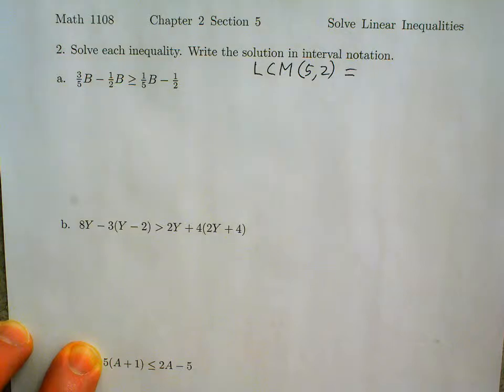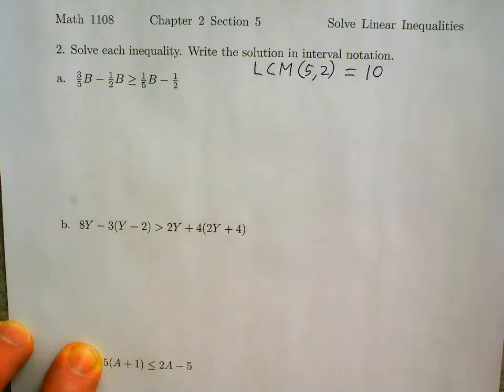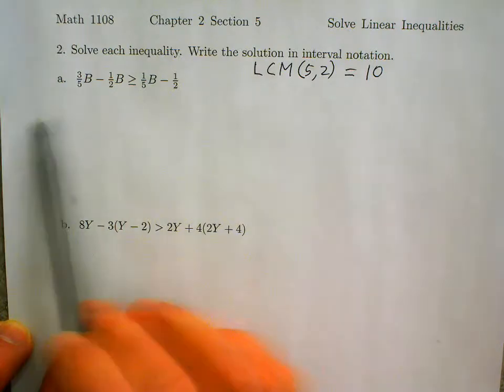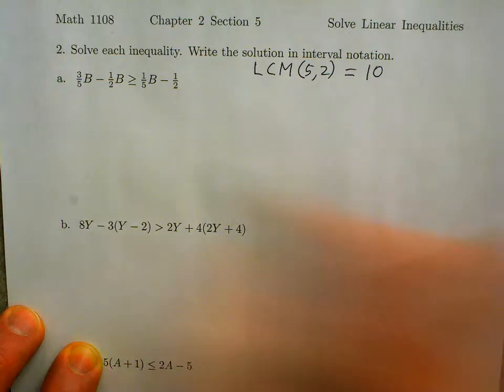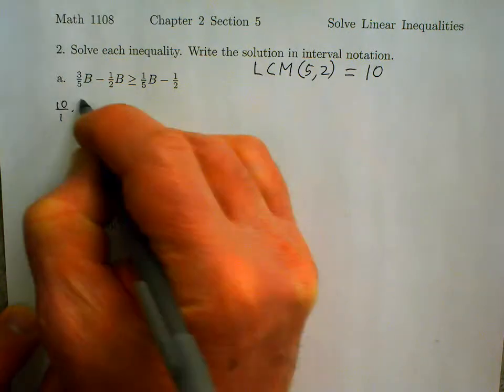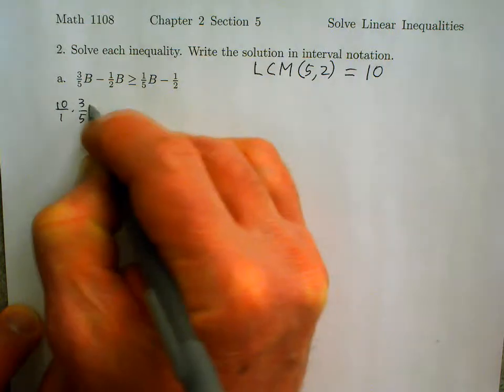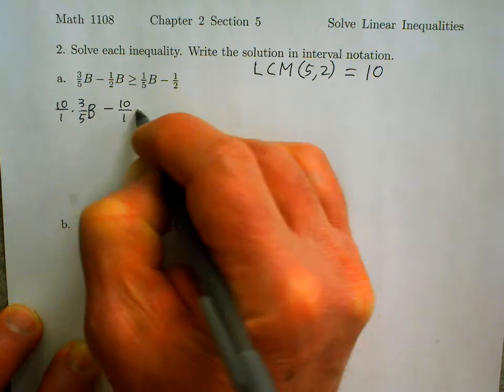The least common multiple of 5 and 2 is 10. So we can get rid of the fractions if we multiply every term on both sides by 10. Okay, so we'll multiply every term on both sides by 10. Think of 10 as 10 over 1 if that helps.